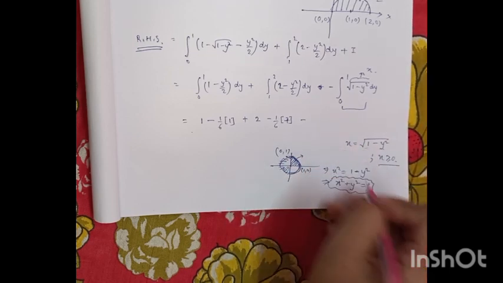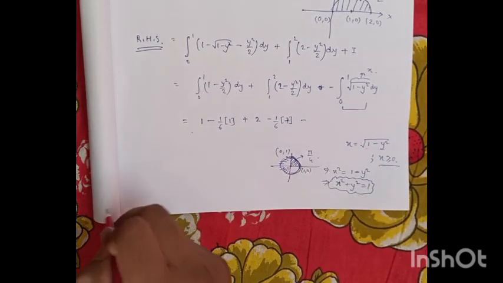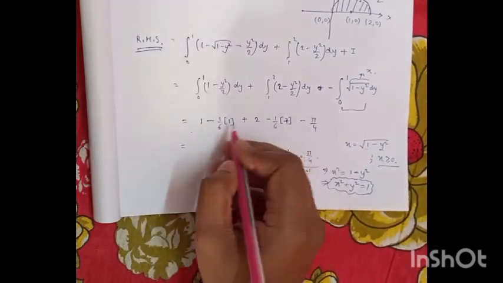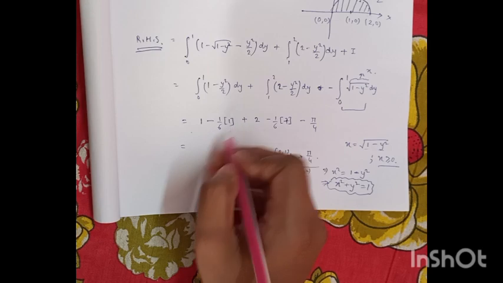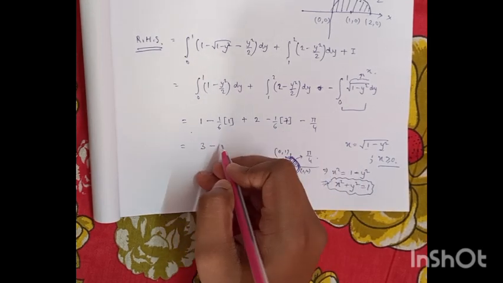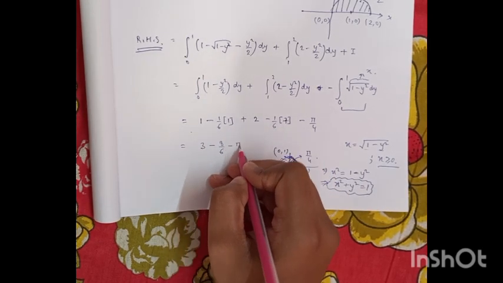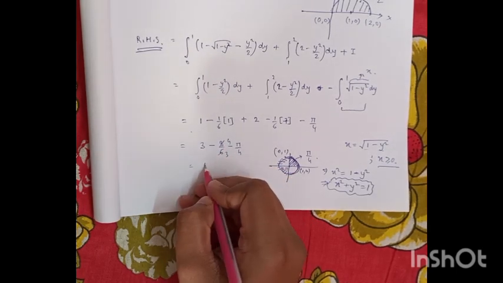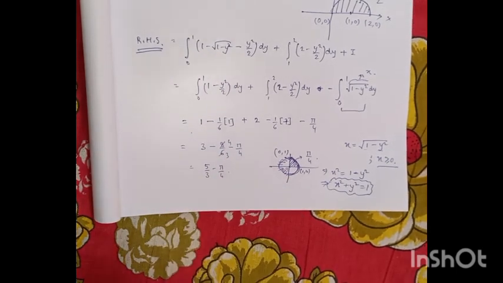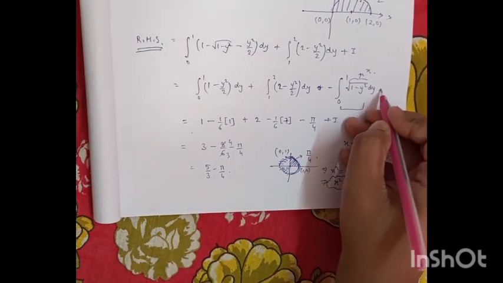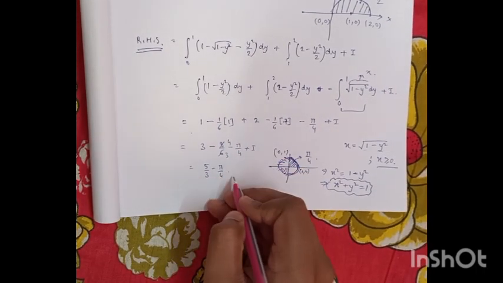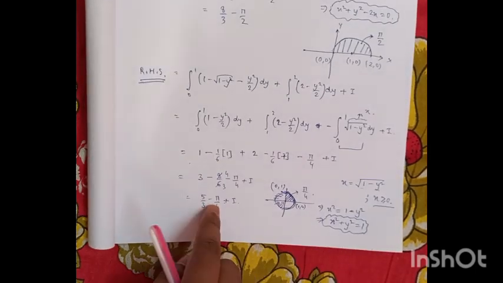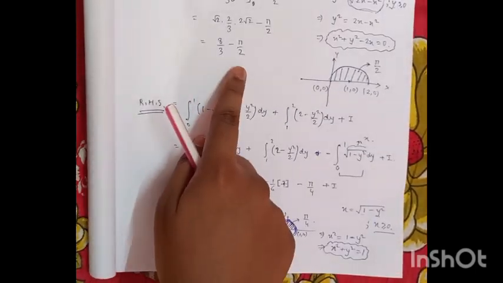So r is 1 again, so it will be equal to pi by 4. So this integral is equal to pi by 4. So let us simplify this. This is equal to 3 minus 8 over 6 minus pi by 4. So it is equal to 5 by 3 minus pi by 4. And also a plus I is there on the right hand side. So we have simplified the RHS and the LHS both.